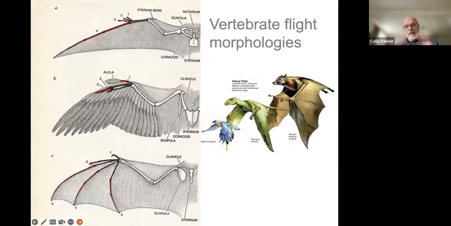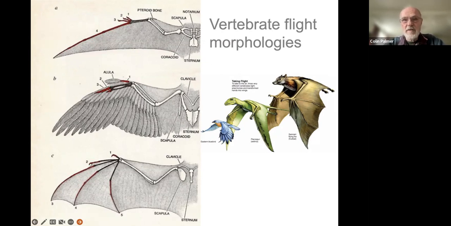So, given that background of the aerodynamics, how has nature evolved different morphologies to deal with it and to be capable of flight? Well, there are three really fundamentally different morphologies. There's that of the pterosaur, which is at the top there, or in the middle of the three diagrams on the right.